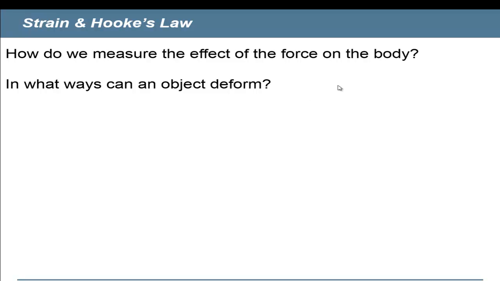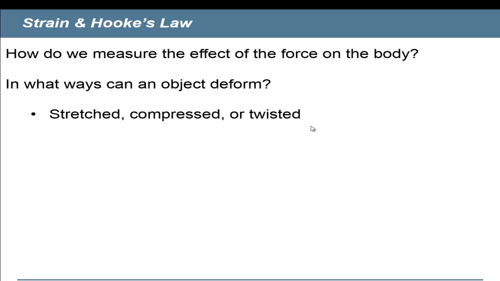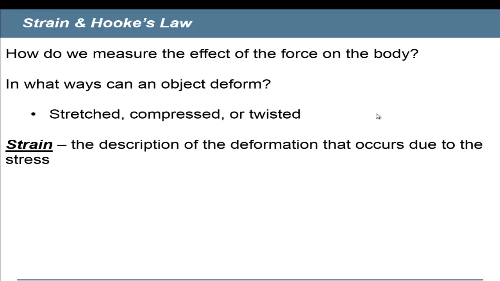Well, we have a few ways. The ways we'll talk about in this chapter are: it can be stretched, it can be compressed, or it can be twisted. Same things we were just talking about a minute ago. So the description of this deformation is what we call strain. So that is the description of the deformation that occurs due to the stress.